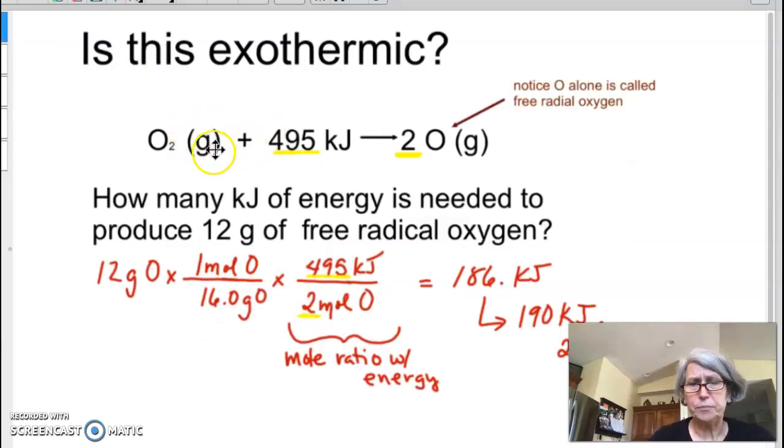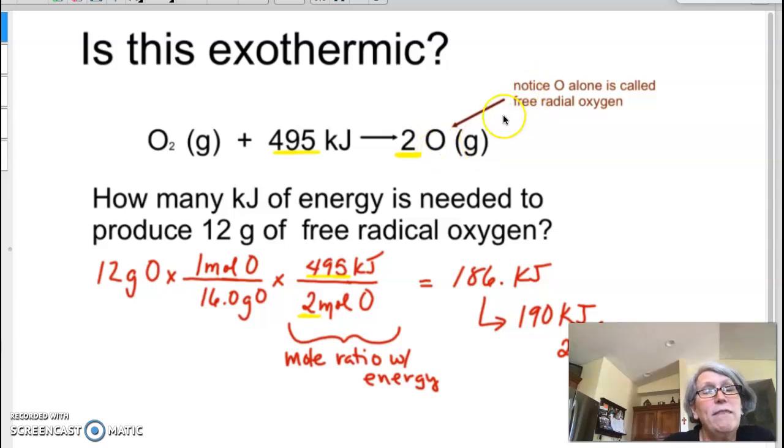And so you're coming up with this question that says, is this reaction exothermic? So what we have here is oxygen, and you'll notice that oxygen gas, if you put some energy in here at 495 kilojoules, will break up into what we call a free radical oxygen.